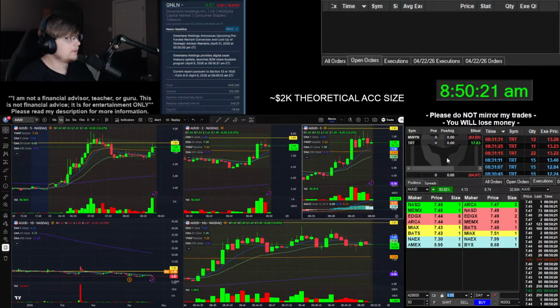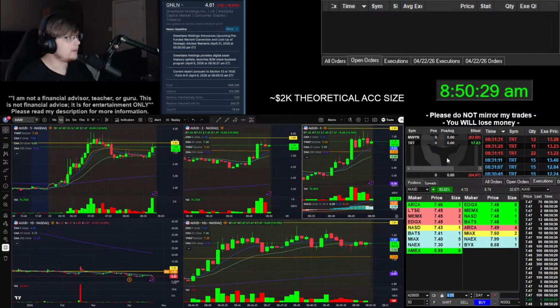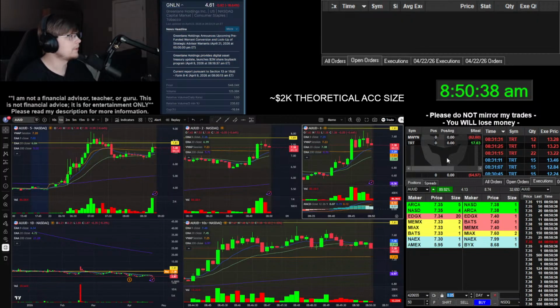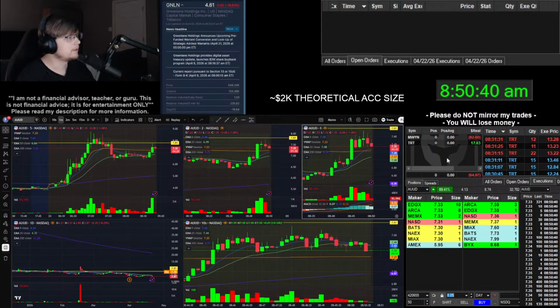Waiting for a proper entry candle here if we decide to take this retest of VWAP. A little bit of an ABCD pattern forming on the 1 minute. But that's a lot of topping tails.